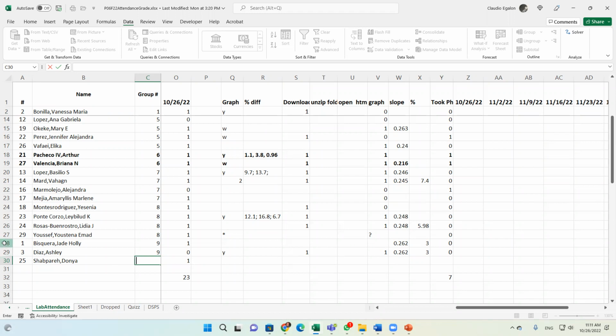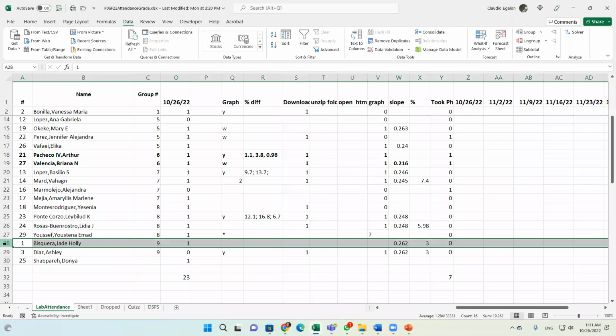While you look into that, let me just check with Jade. Jade, are you there? You're alone in your group, Jade. It looks like you have just one person in your group, at least today, right? And what about Ashley? Is she coming?